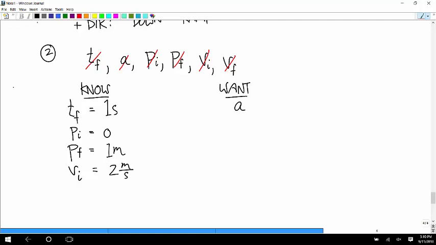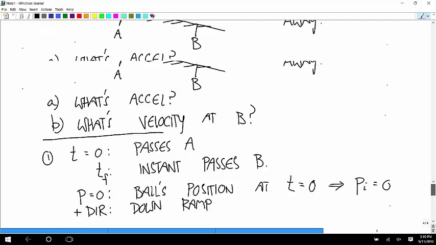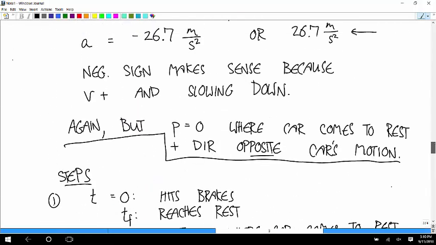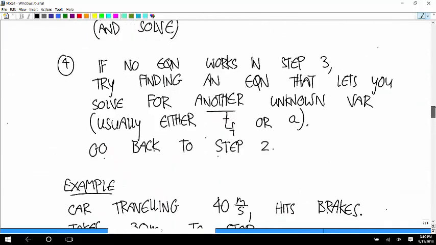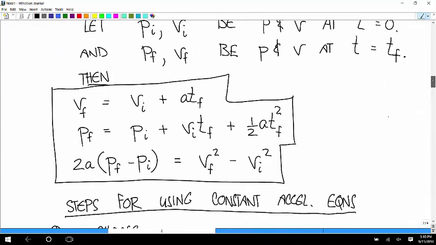All right, so are there any of those three equations that work for these? So what do we have? The two positions, the initial velocity, and the time, and we need acceleration. So going back to these three, having acceleration in the equations is the one thing that's no problem. That appears in all three of these.